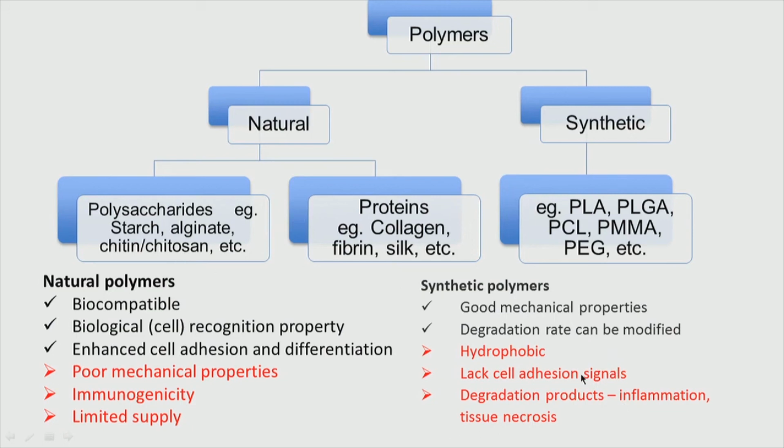Degradation products, for example, if polylactic acid degrades, it may give out a little bit of lactic acid which may be a little bit acidic. Okay. So, that problem is there, which can lead to inflammation, cell death, tissue necrosis and all that. So, that also can happen because some polymers can degrade a little bit and give out some acidic products.